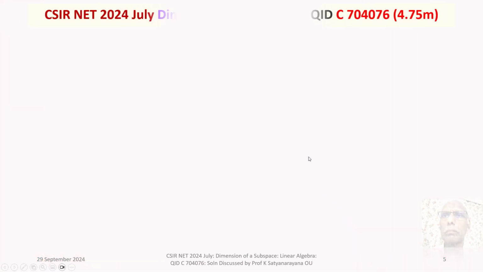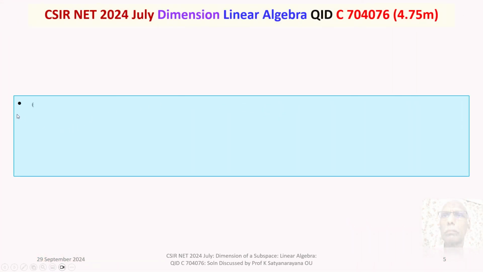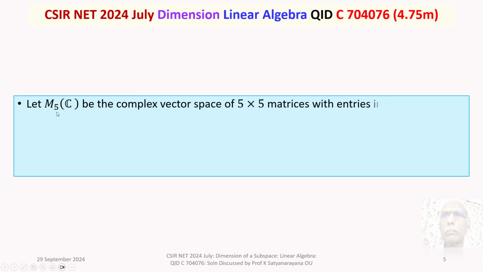The given question is: let M5(C) be the complex vector space of 5 by 5 matrices with entries in C. M5(C) is a vector space of 5 by 5 matrices with the entries coming from the complex numbers, and it is a vector space over the field of complex numbers.